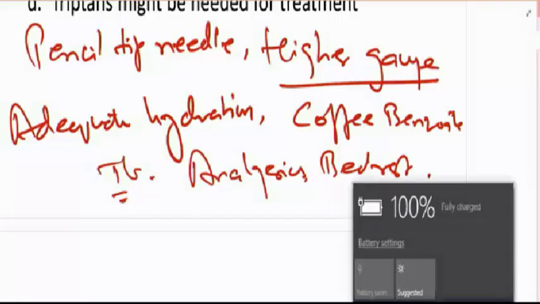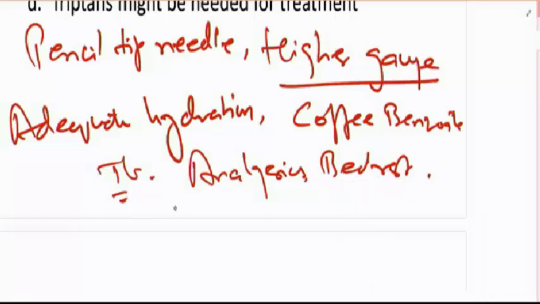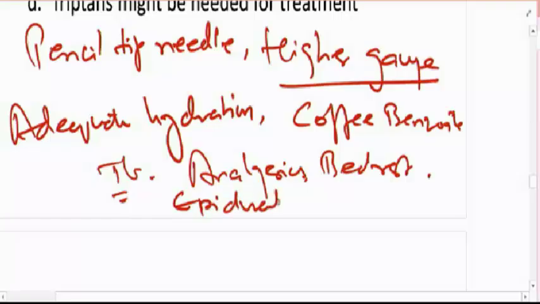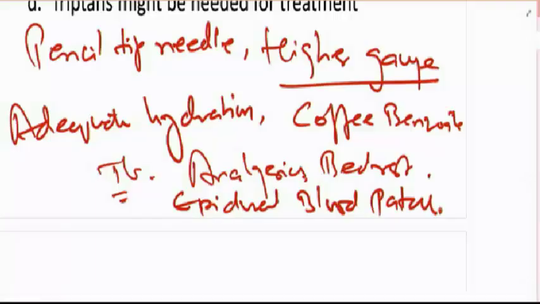Most definitive treatment of post-dural puncture headache is epidural blood patch. This is the treatment of choice. So what you do is you take 15 ml of blood from the antecubital fossa and inject it into the epidural space. And once it is injected into the epidural space, what will happen?